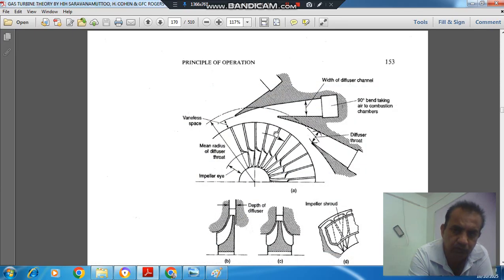So this is your diffuser. What is the diffuser? This is the impeller. Here high velocity is imparted to the air and there is some static pressure rise also, and here the passages are fixed. So here only the static pressure rise takes place, and that is at the cost of velocity. Velocity is decreased and static pressure is increased in the diffuser.